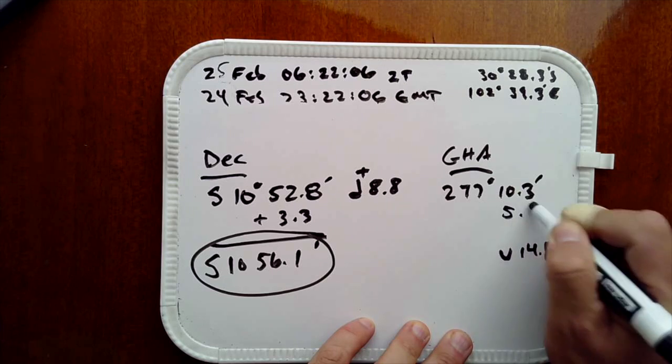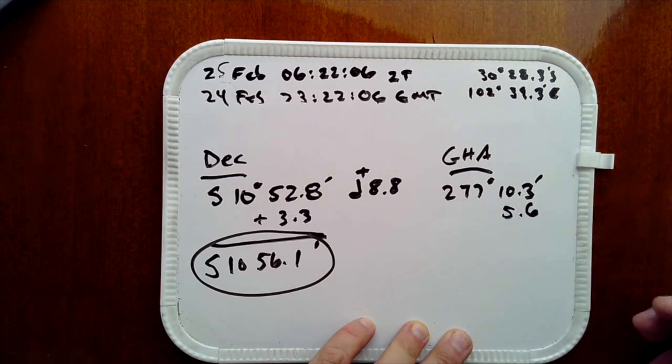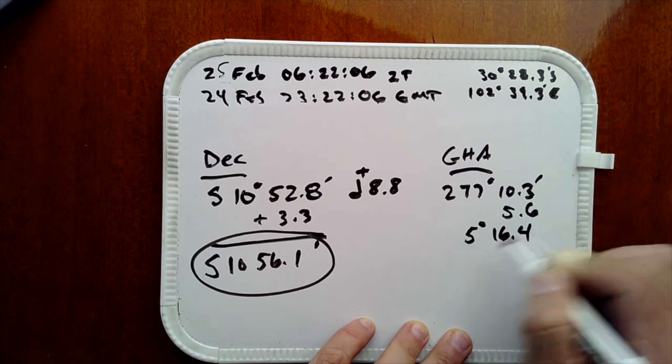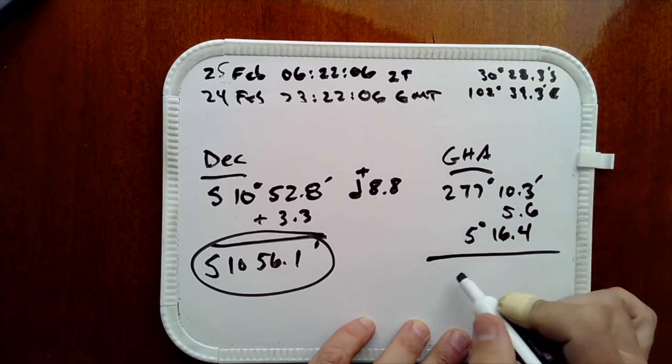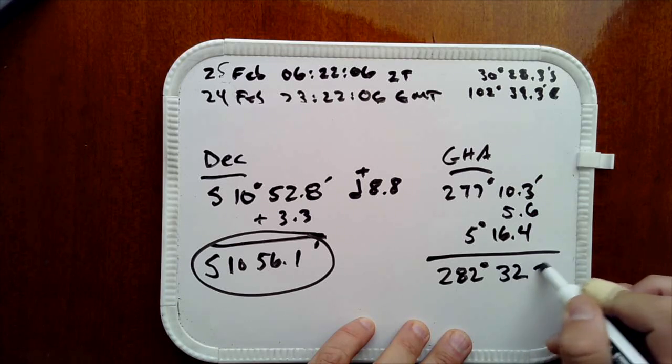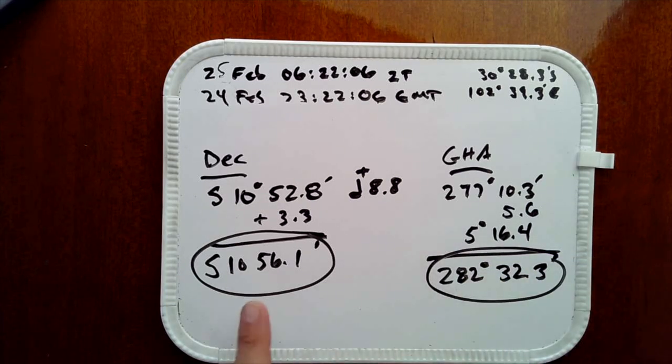So we got 5.6 for the V number, which we'll take care of, and we got 5 degrees, 16.4 for the time. So we do that together, we get 282, 32.3. So we got our declination and our GHA for the moon. We are good to go on to step 3.